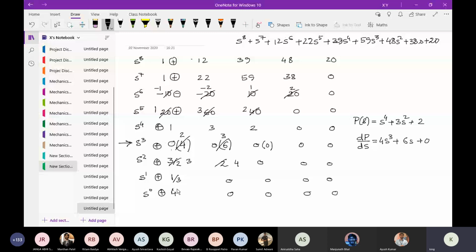And for that polynomial, let us see, we are forming a polynomial starting from here. This is kind of reworking this part. This part, no sign change.